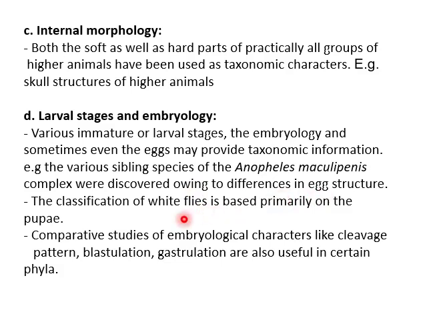Classification of whiteflies is always based primarily on the structure of their pupa. Comparative studies of embryological characters such as cleavage patterns, blastulation, and gastrulation are also very useful in many phyla to distribute the animals into their different taxa.